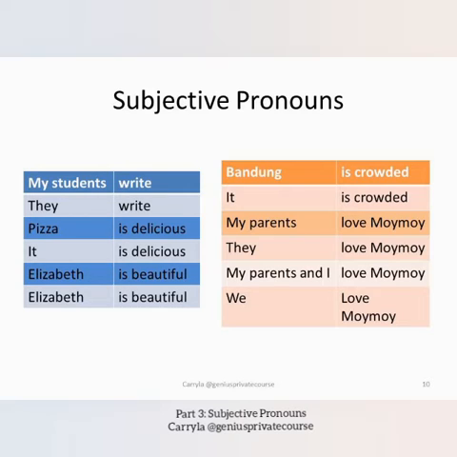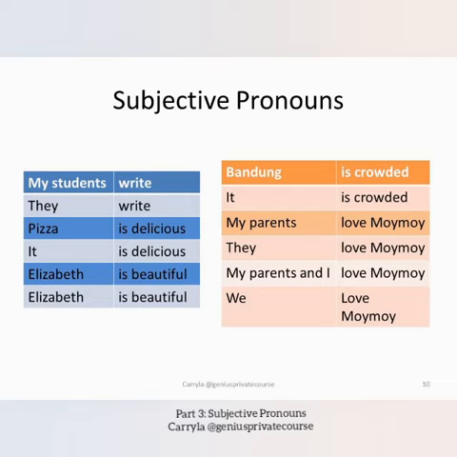Kita coba sama-sama pelajari dan kita bareng-bareng merubah dari kalimat yang bold yang di atas ke yang lebih samar sedikit. Okay, let's take a look. My students write. My students, it can be changed into they write. Pizza is delicious. Pizza is a food.